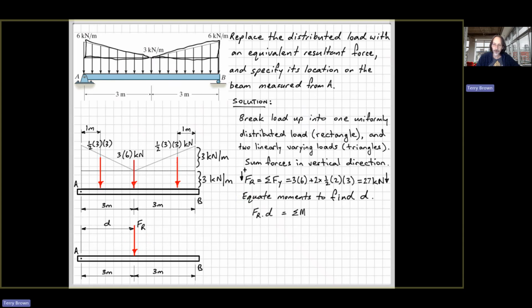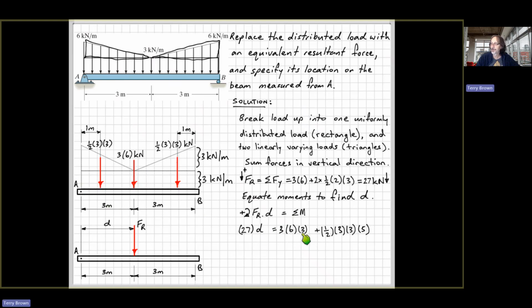So equate moments to find d. We have the resultant force times the distance from its line of action to A, and that equals the sum of the moments of these three forces that we found in the previous step. Taking clockwise as positive, we have 27 times d equals 3 times 6 times its perpendicular distance from here to here, which is 3 meters.